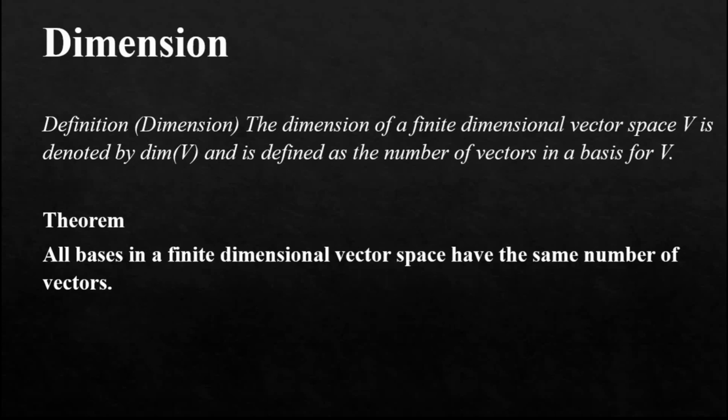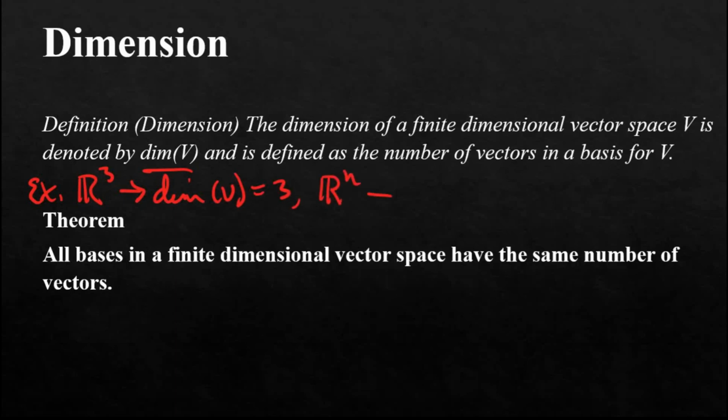For dimension: the dimension of a finite dimensional vector space V is denoted by dim V, and is defined as the number of vectors in the basis for V. So for R3, the dimension is equal to 3.